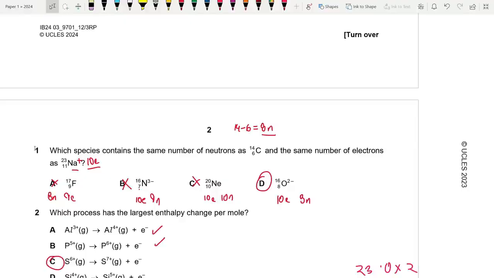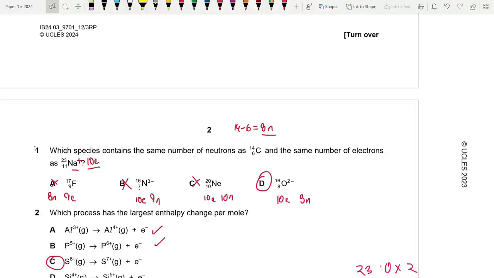So let's see. Fluorine has 9 protons, and 17 minus 9 is 8 neutrons. So it has 9 electrons and 9 protons, and 8 neutrons, so it doesn't match. For B, this ion of nitrogen has 7 plus 3 electrons, which is 10 electrons, and 9 neutrons, because 16 minus 7 is 9.